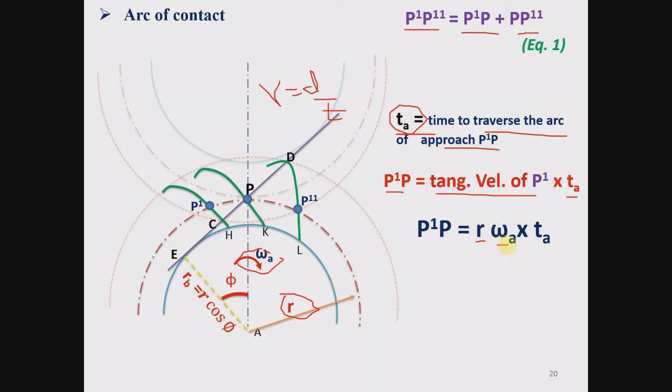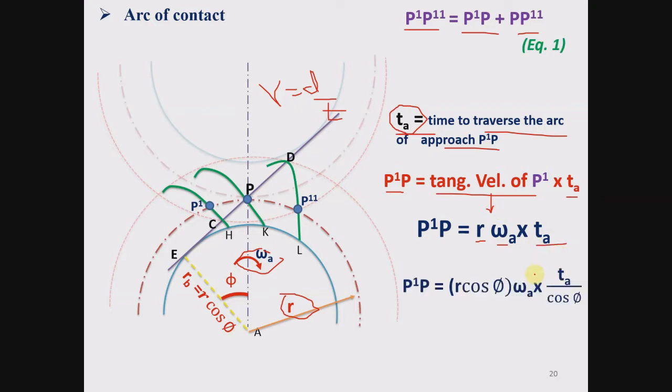So R into omega A will be its linear tangential velocity. While traveling along the circular arc, the linear velocity of P dash will be R into omega A, where R is the pitch circle radius of gear 1 and omega A is the angular velocity of gear 1. Now R omega A into TA.